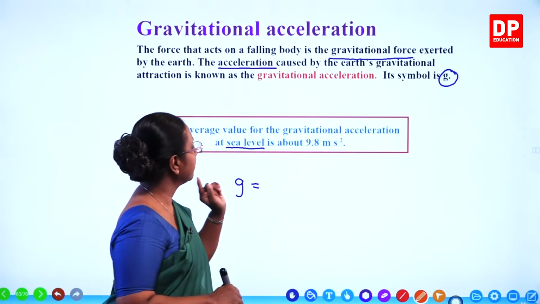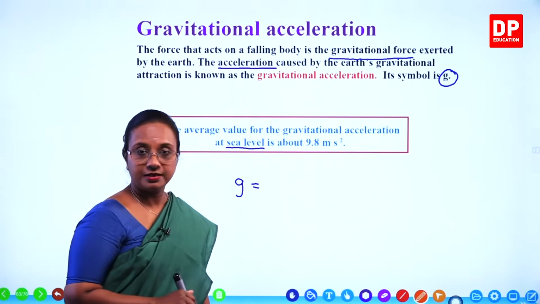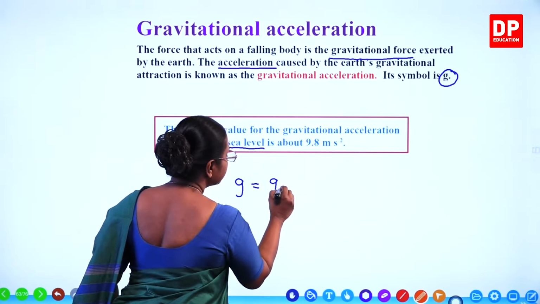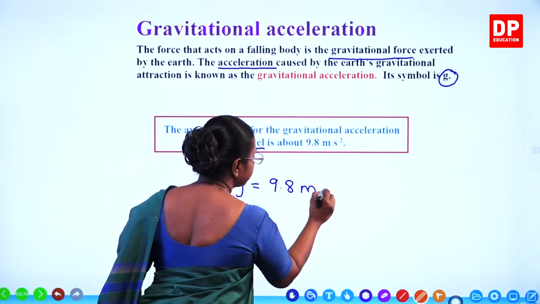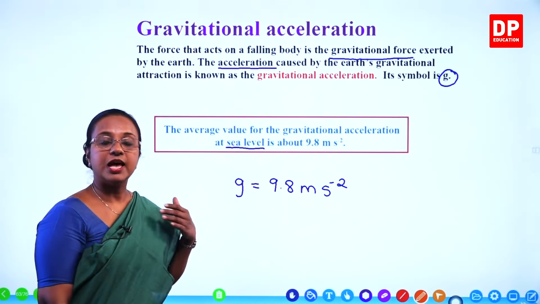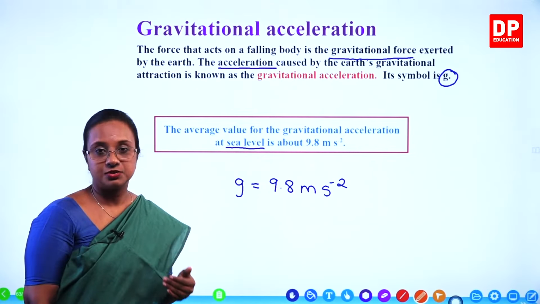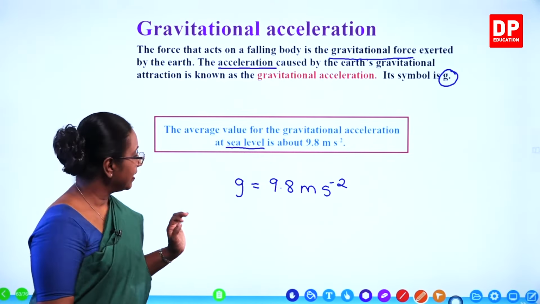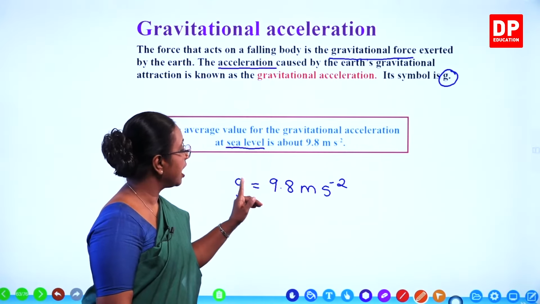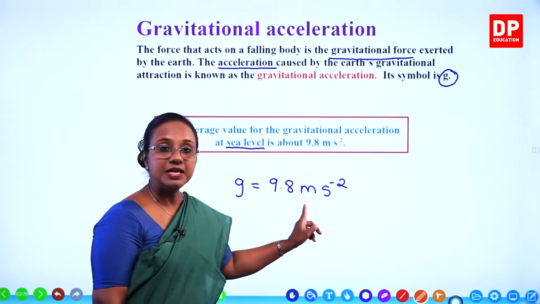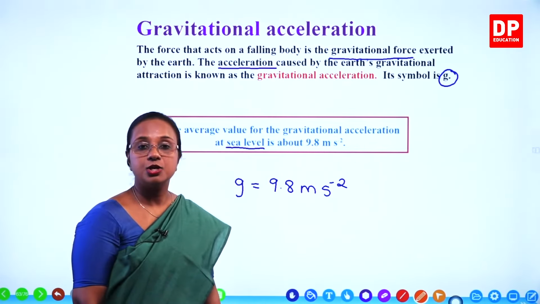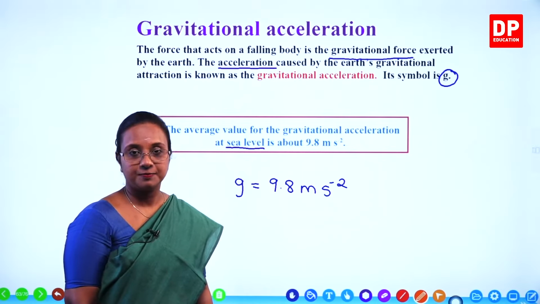So, at sea level, the value of the gravitational acceleration is 9.8 meters per second square. This is a value that you have to remember, students. Always remember, gravitational acceleration has a value of 9.8 meters per second squared, the same unit as normal acceleration.